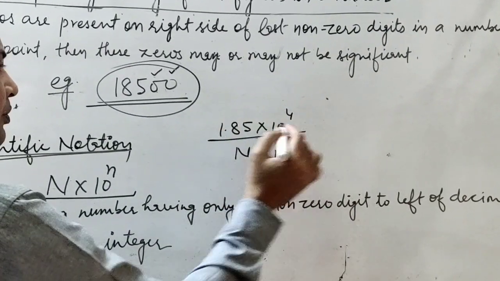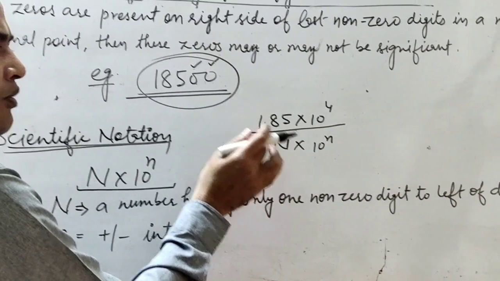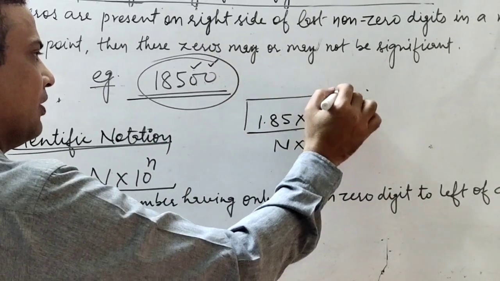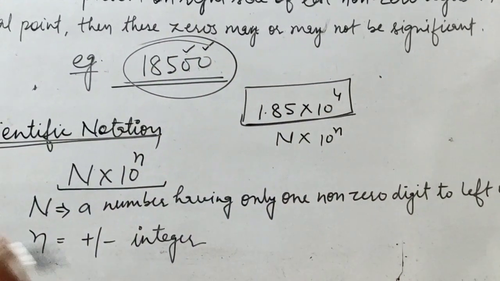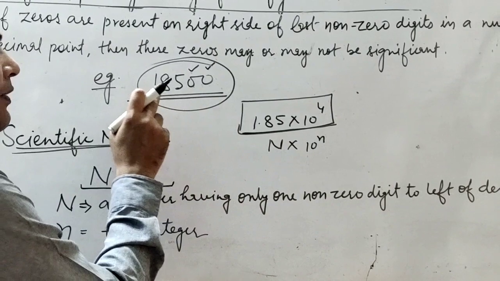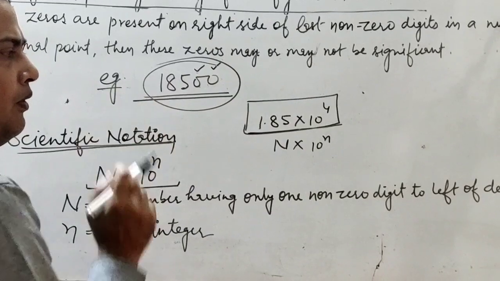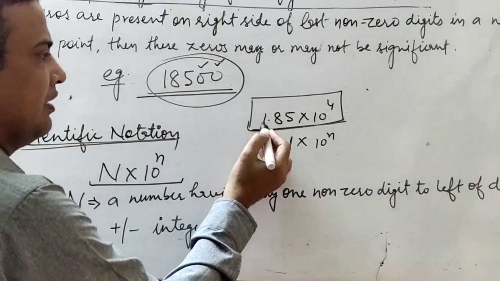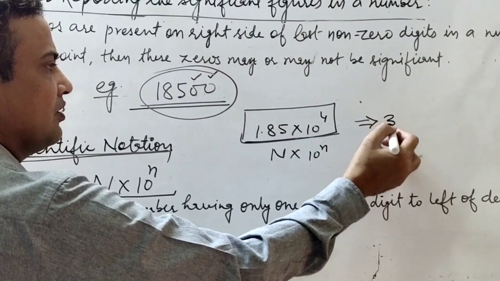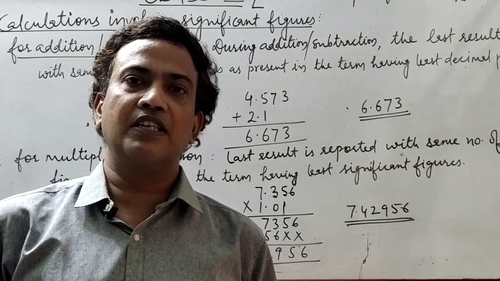So there must be only one non-zero digit to the left side of the decimal point while you mention capital N. Using this scientific notation, you can determine the number of significant figures from the capital N value. If 18500 is written as 1.85 into 10 raised to power 4, then the significant figures are 1, 2 and 3. So this number contains how many significant figures? 3. We have to study calculation involving the significant figures.